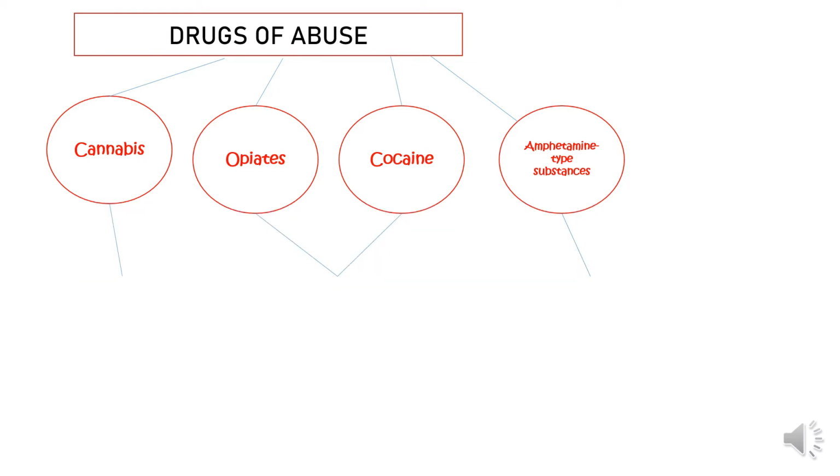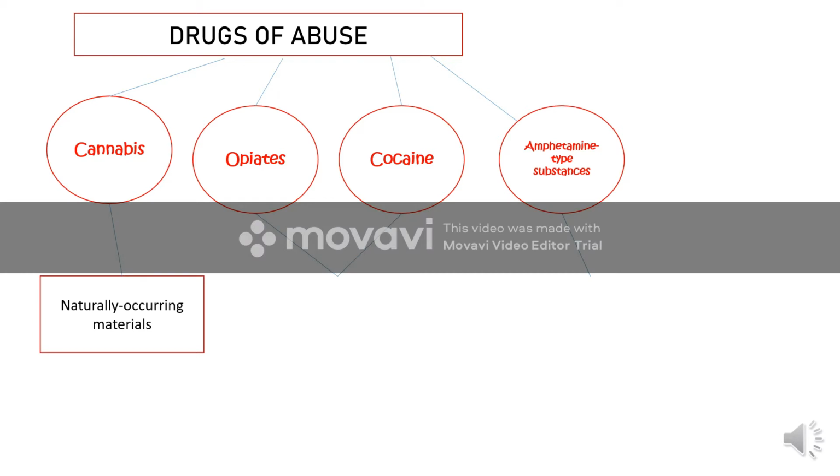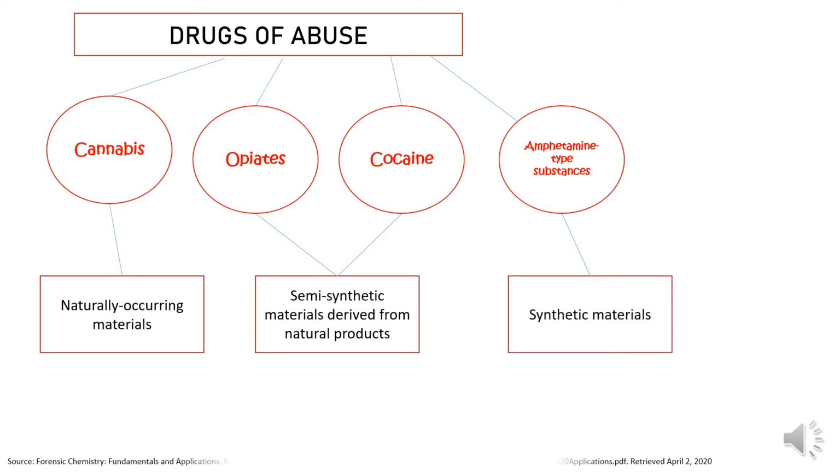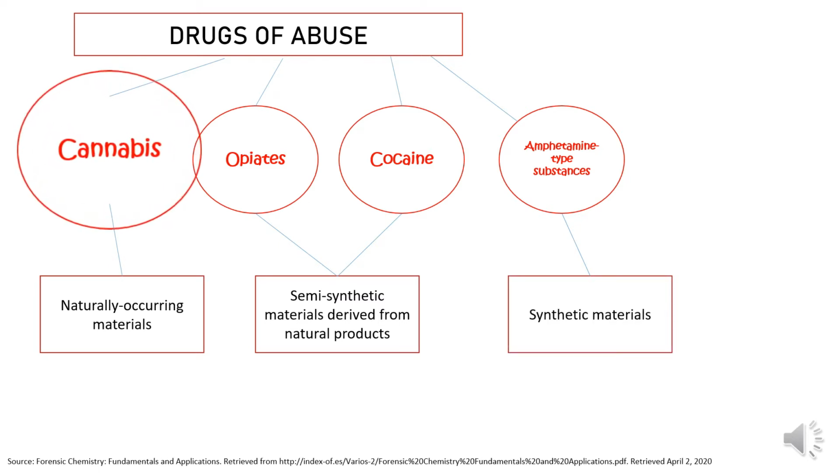Again, these substances can be categorized through their mechanisms of production as naturally occurring materials, such as in the case of cannabis, semi-synthetic materials derived from natural products, examples include opiates and cocaine, and synthetic materials for the amphetamine type substances.